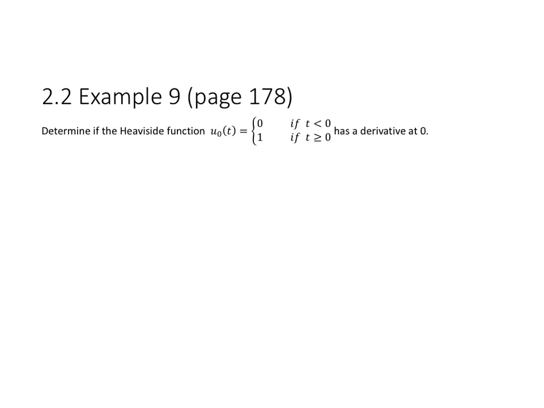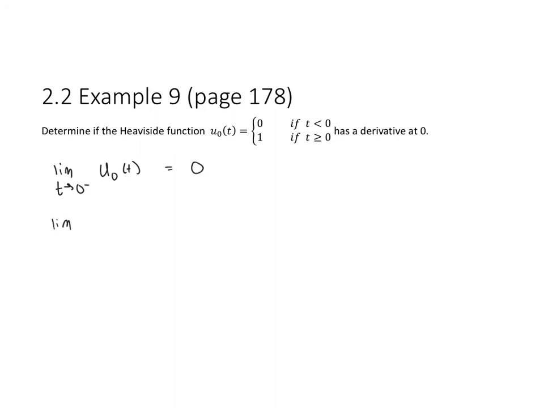Example 9 on page 178 asks us to determine if the Heaviside function u0 of t, which equals 0 when t is less than 0 and 1 when t is greater than 0, has a derivative at 0. So again, first we check the continuity. We look at the limit as t goes to 0 from the left of u0 of t, and we see that from the left we approach 0.